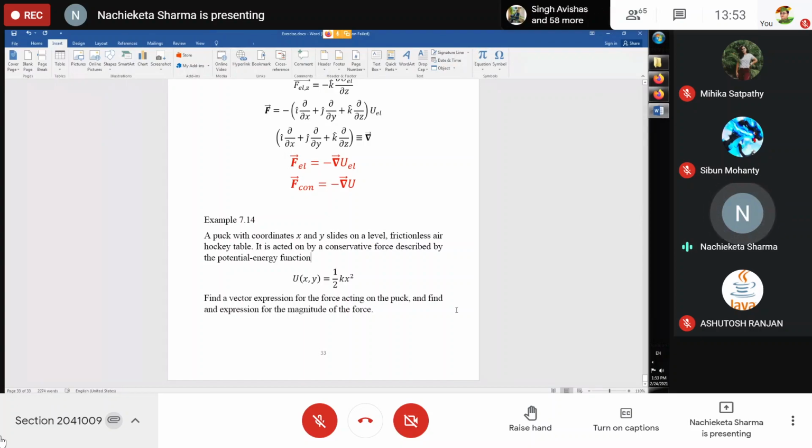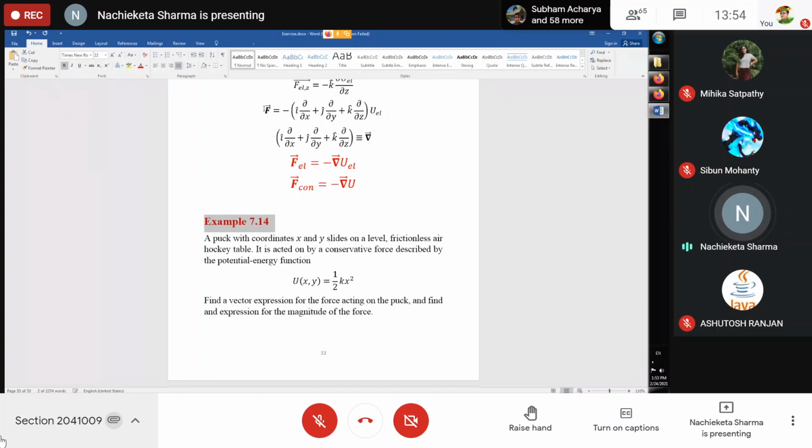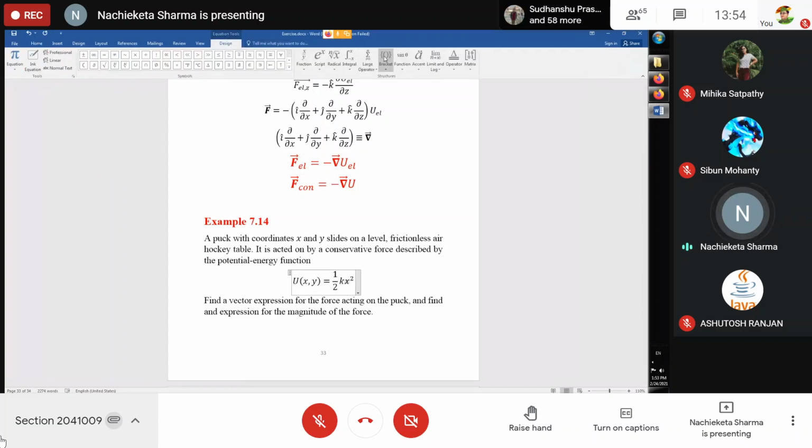So this is the problem: a puck with coordinates x and y slides on a level frictionless air hockey table, and it is acted on by a conservative force described by the potential energy function U(x, y) equals half k. Oh, sorry, how can this be a function with only x? I have made a mistake. Just wait. Half kx squared. Oh, sorry. Yes.